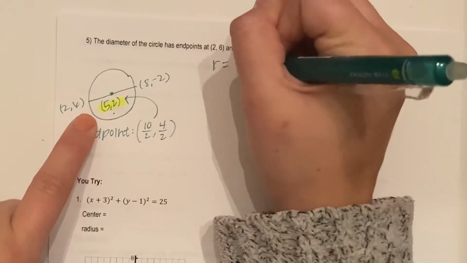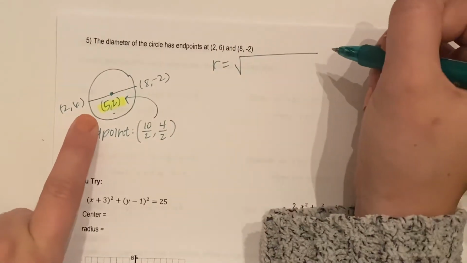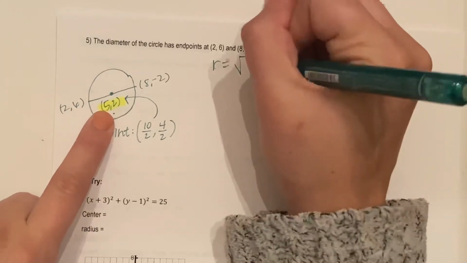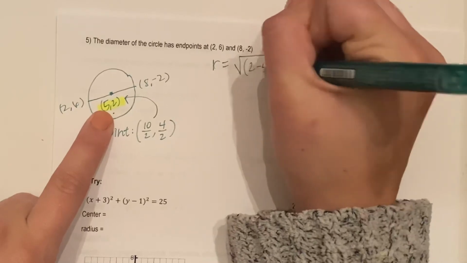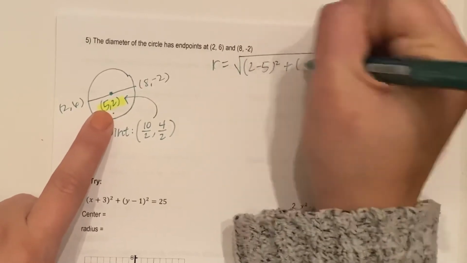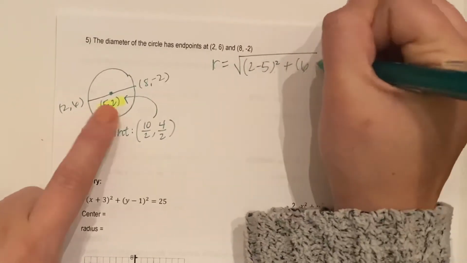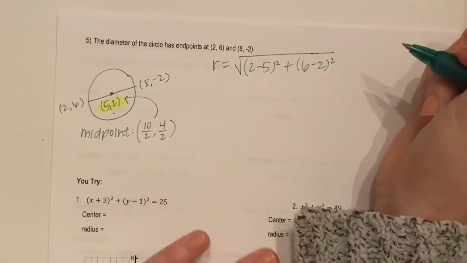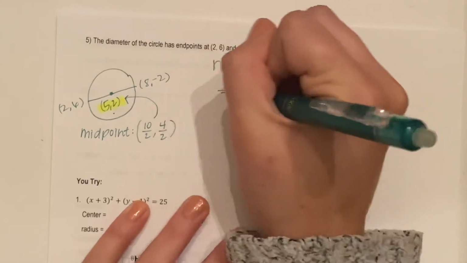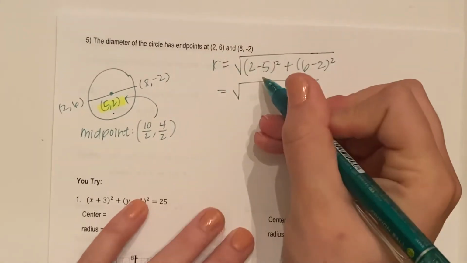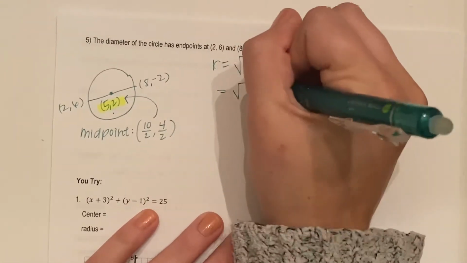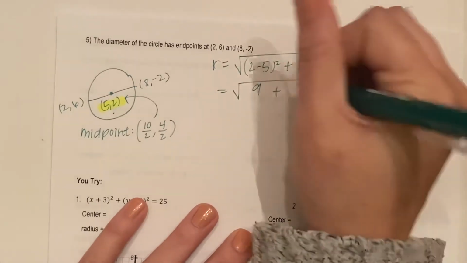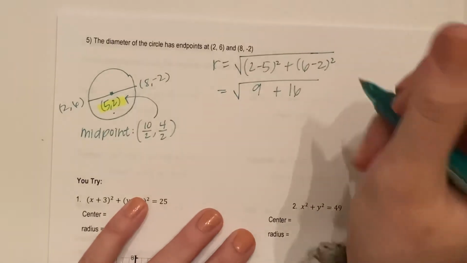So for my radius, I'm taking the square root of x minus x, so 2 minus 5 squared plus y minus y squared. And now let's figure out what this is. 2 minus 5 is -3. -3 squared is 9. 6 minus 2 is 4. 4 squared is 16.